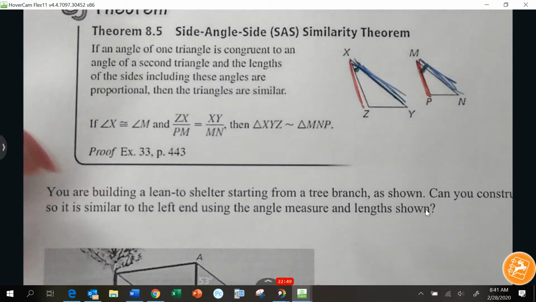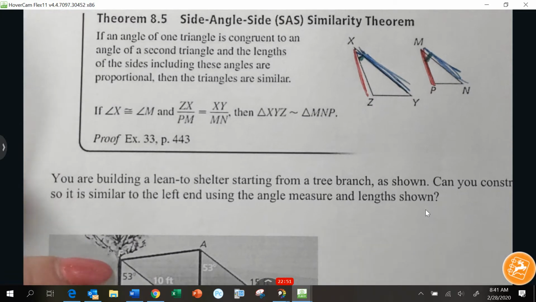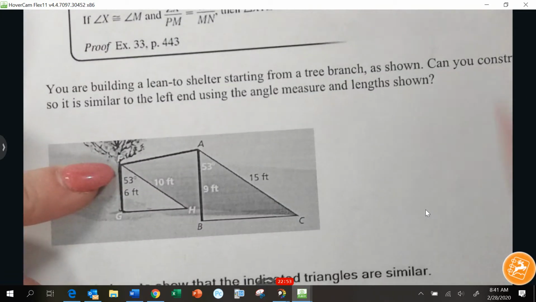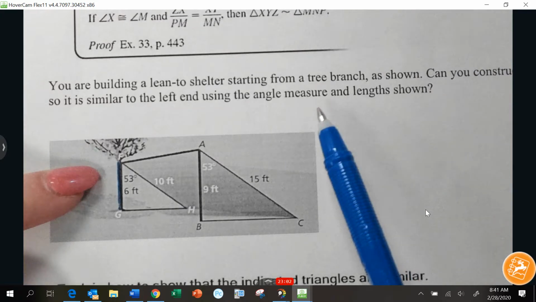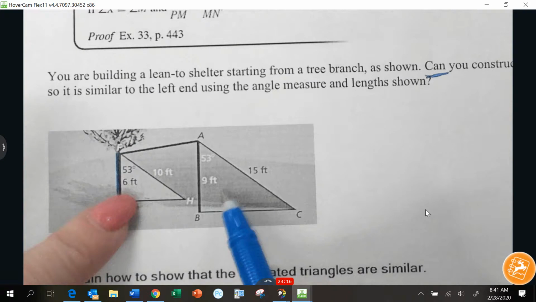So you're building starting from a tree. This is a little hard to see, but here's your tree, and these similar triangles.